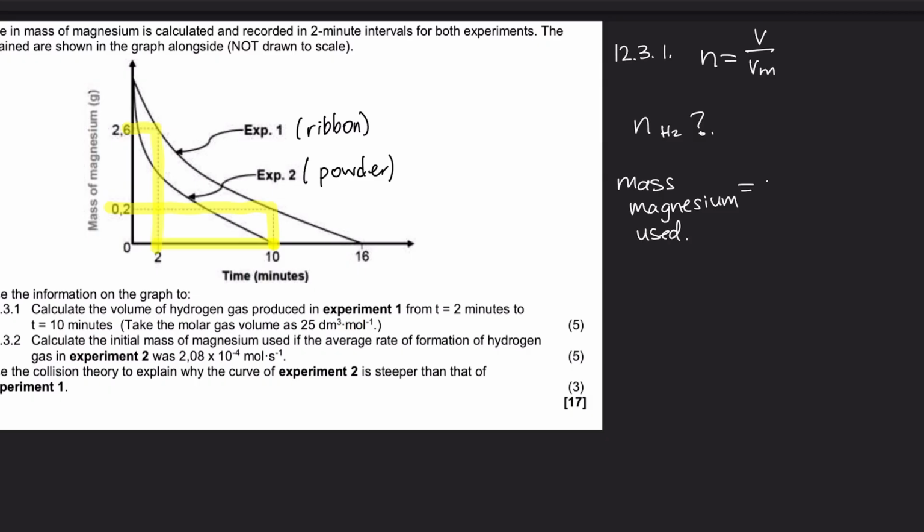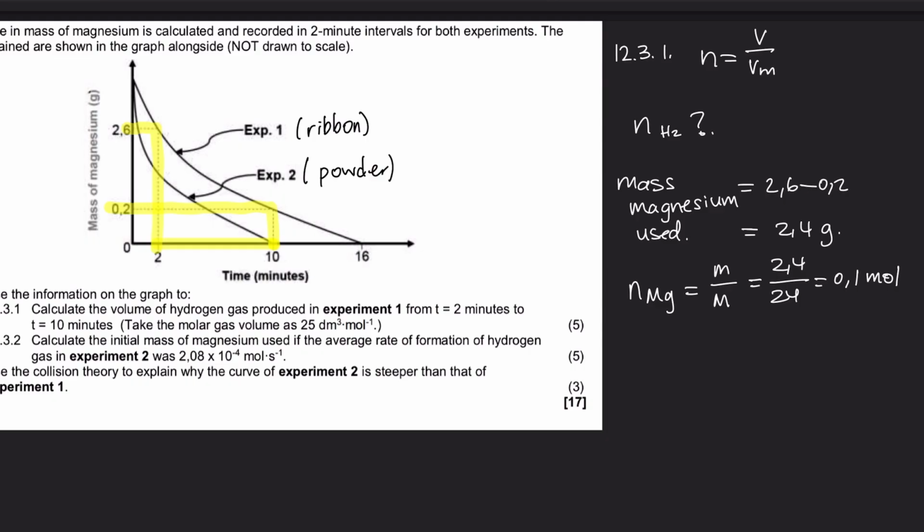That's 2.6 minus 0.2, which is 2.4 grams. From here, we can get the number of moles of magnesium. The number of moles of magnesium is equal to mass divided by molar mass. The mass is 2.4, the molar mass is 24. That gives us 0.1 moles.